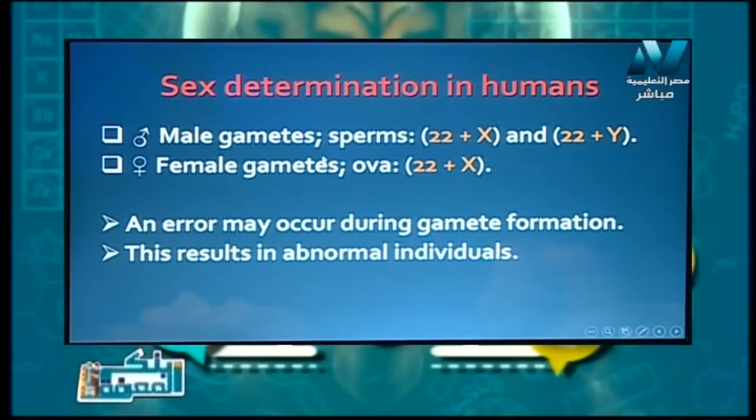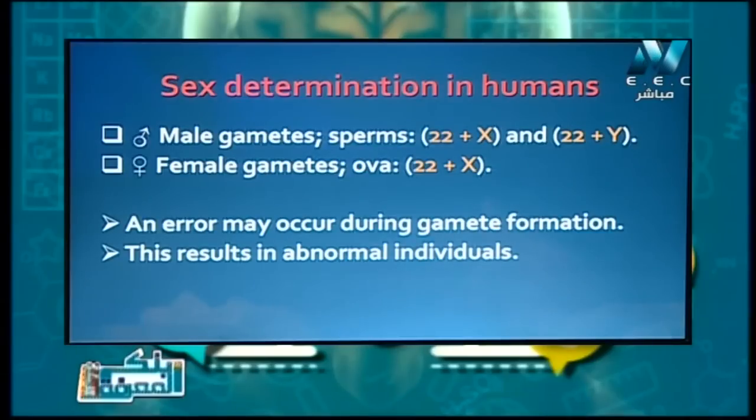For some reasons, sometimes the gametes contain more chromosomes or fewer chromosomes, and this is due to an error which may occur during gamete formation. During gamete formation, the homologous chromosomes may remain adhering to each other and go to one gamete.